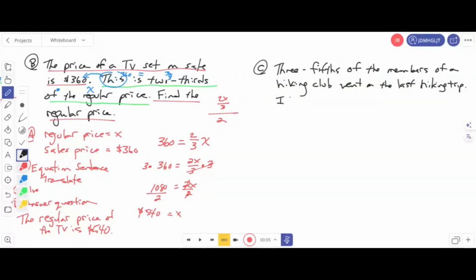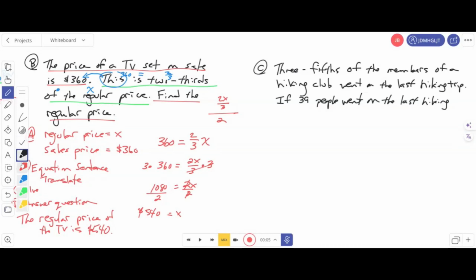It says if 39 people went on the last hiking trip.